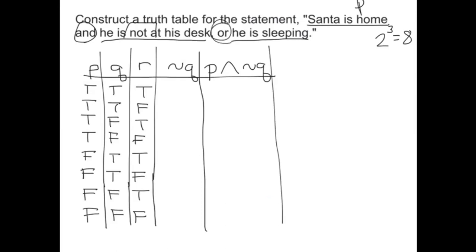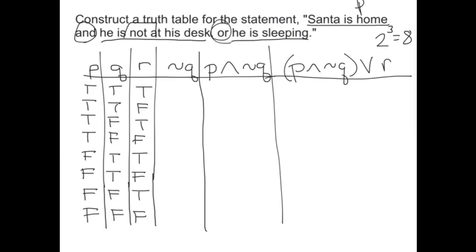Now notice there's a comma after at his desk. So they're telling you that P and not Q is in a set of parentheses on the left side of the connective or. And that he is sleeping is on the right side of the connective. Okay, so whatever we get in that last column is going to be our truth values.